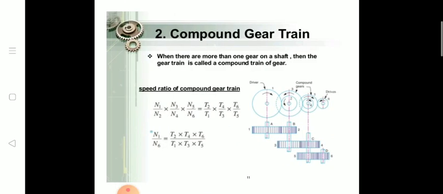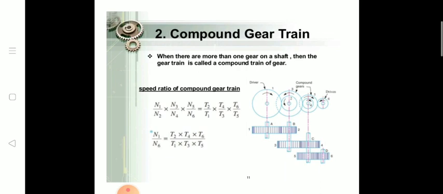Now, compound gear train. When there is more than one gear on a shaft, then the gear train is called the compound gear train, right?